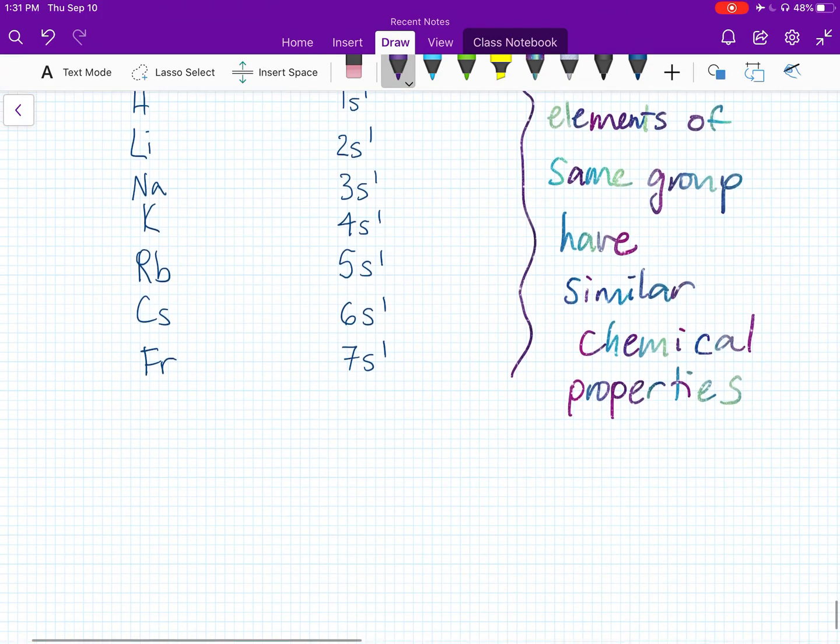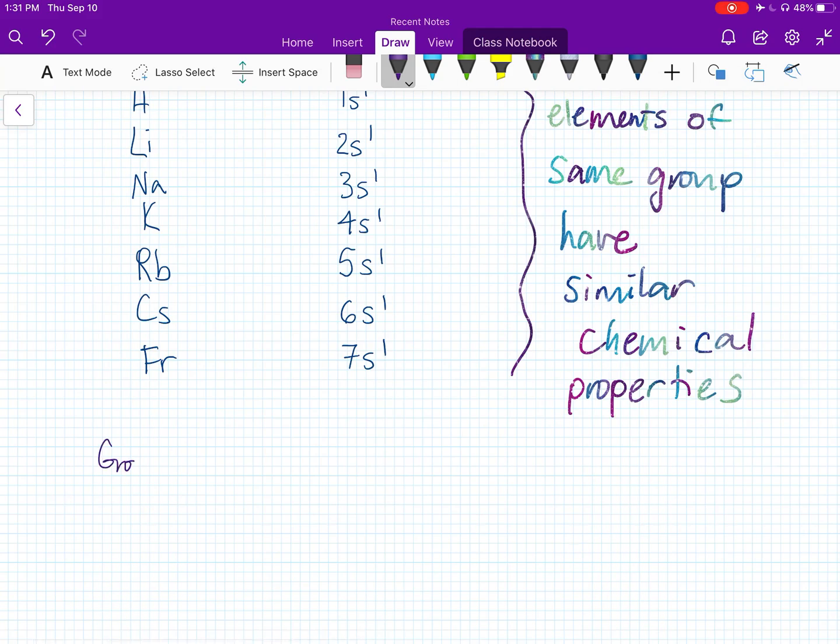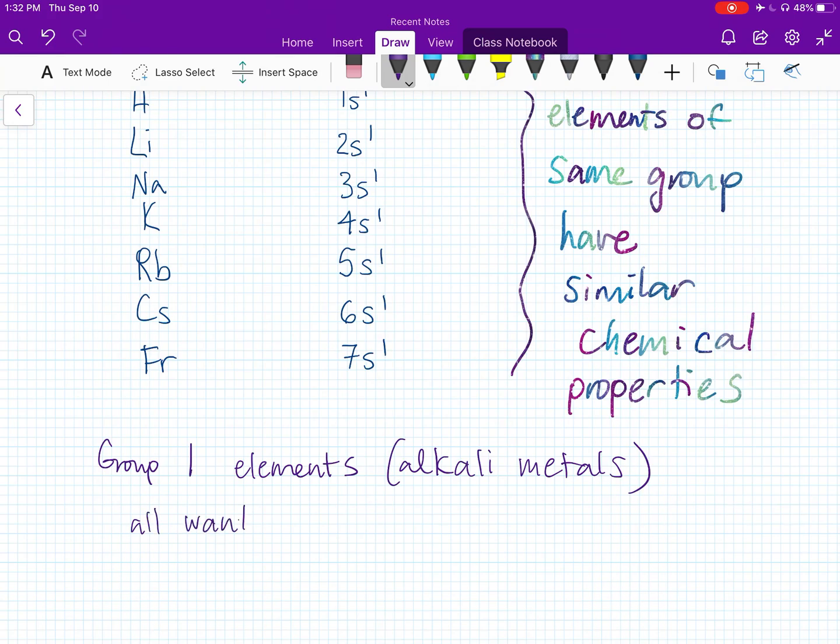For example, group 1 elements are also known as the alkali metals. Okay, so everything in that first column is known as an alkali metal. All want to lose that one electron, their one valence electron, to attain a noble gas configuration.